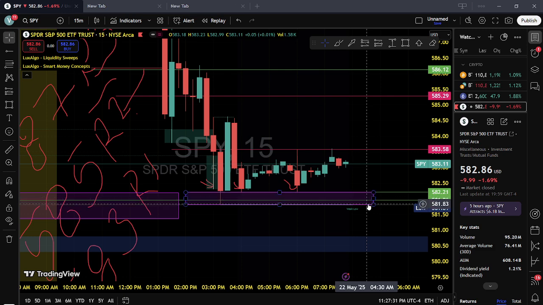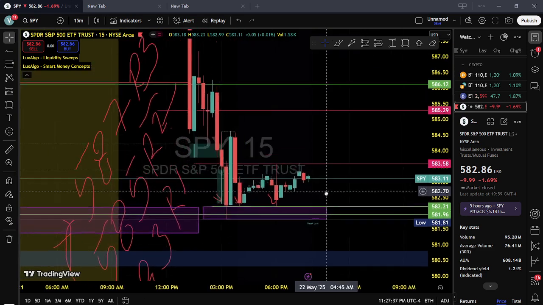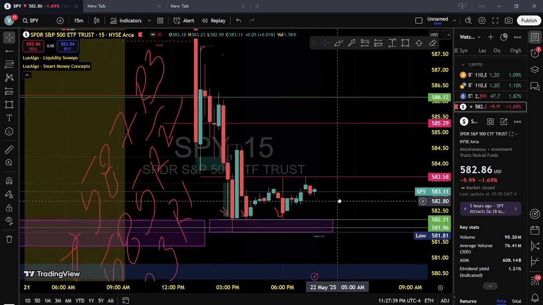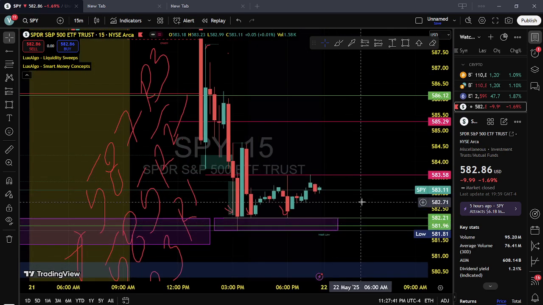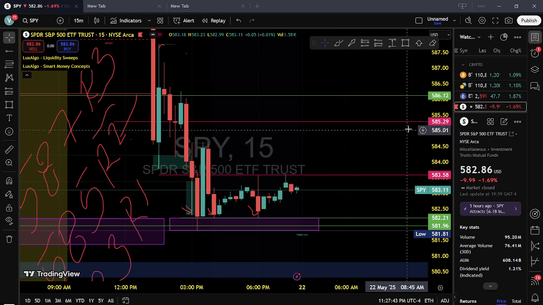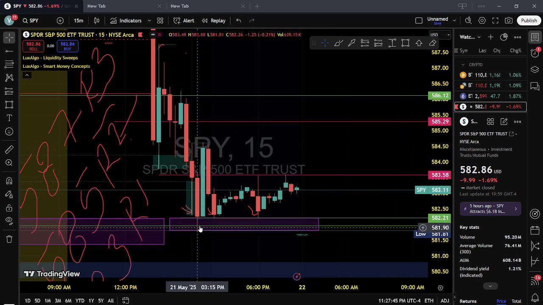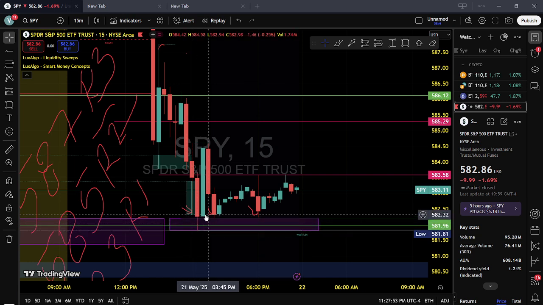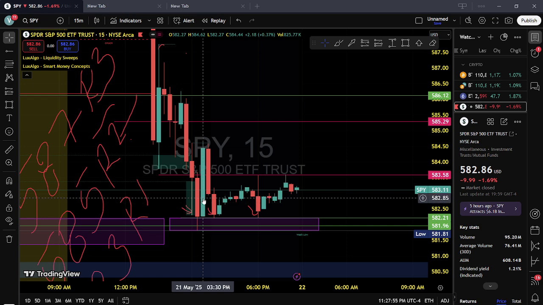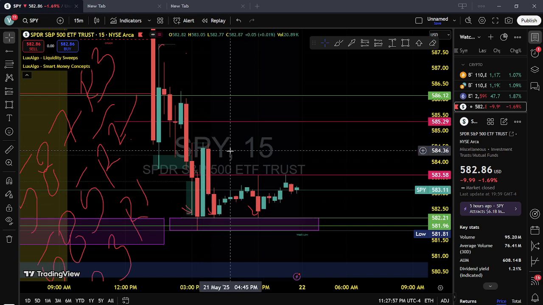So 581 and 582, these two levels are very important for tomorrow. Even in the night, I'm telling you, they will try to break it. I don't think they're going to be successful because this is a 4 hour huge bullish candle, kind of a double bottom, right? And in a double bottom, we always see some upside.